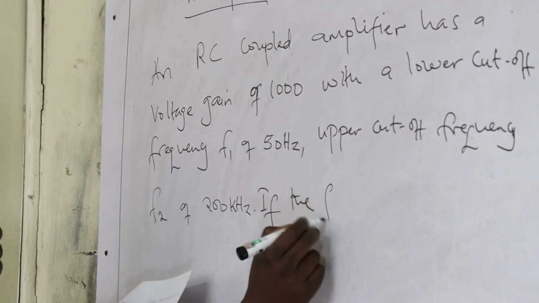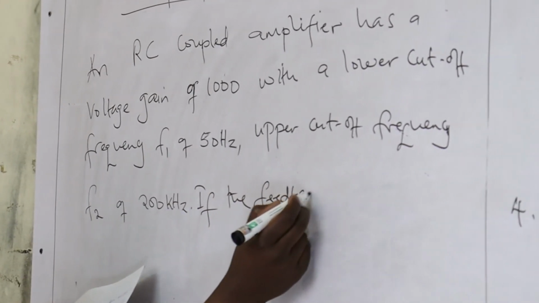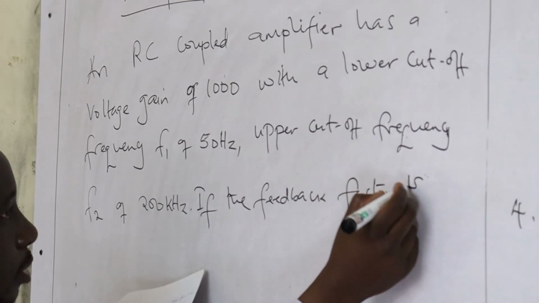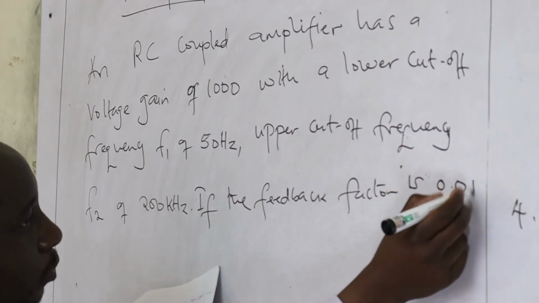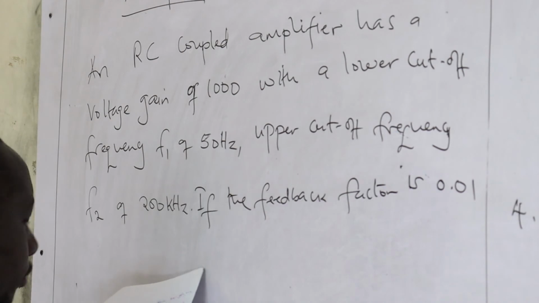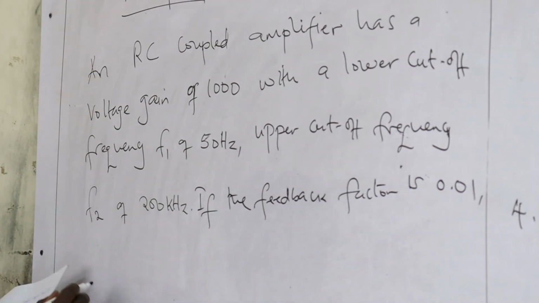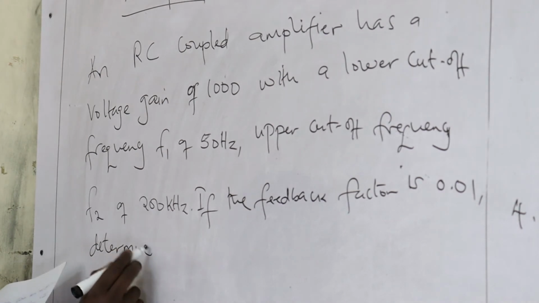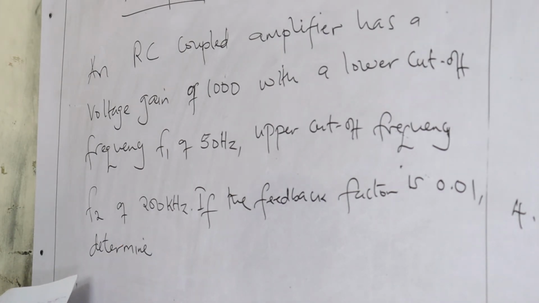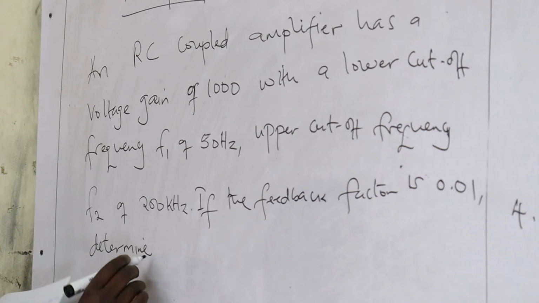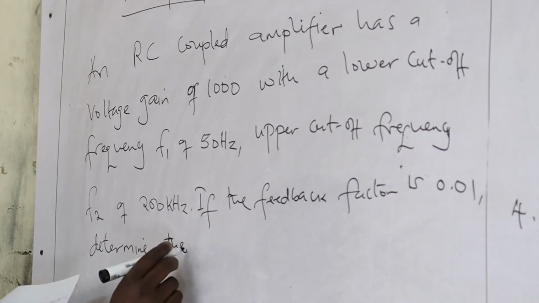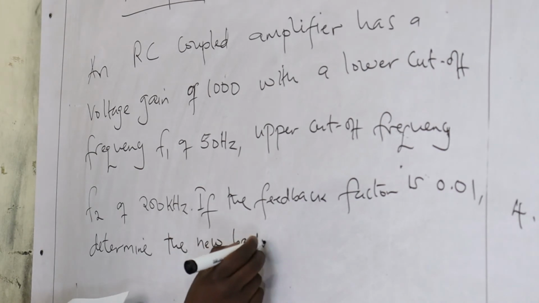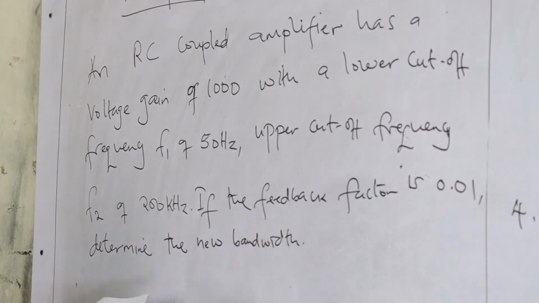If the feedback factor is 0.01, determine the new bandwidth.